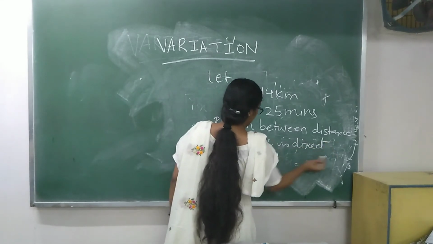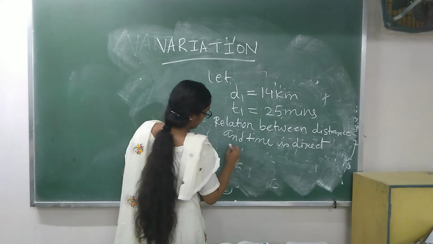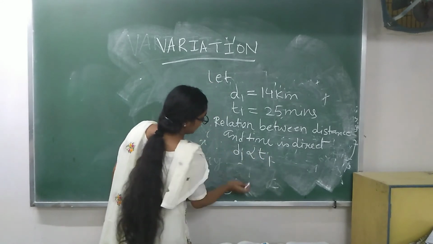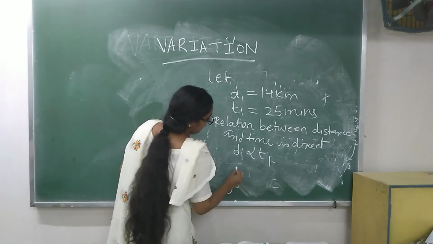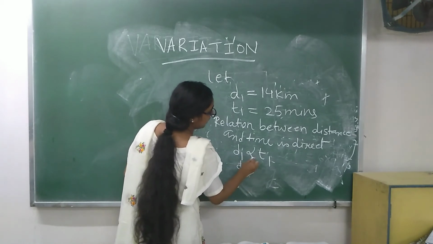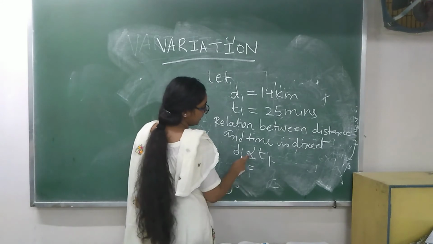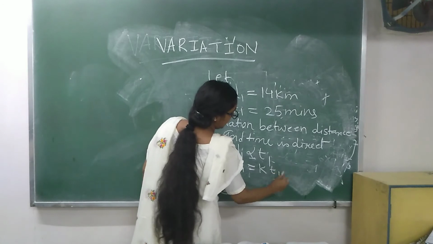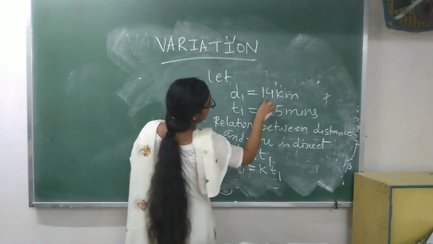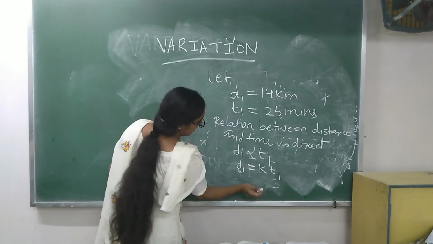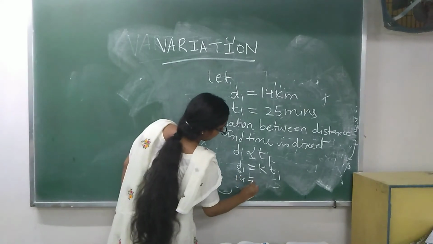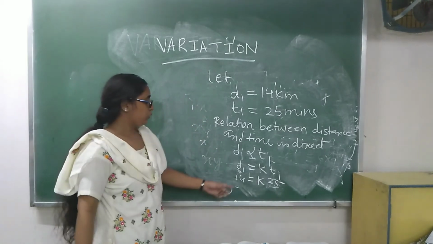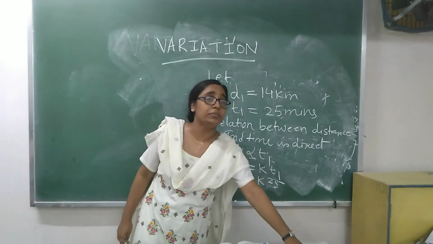So therefore d1 varies with t1. Now, you remove the variation sign, give equals to, and write k, and in place write t1. Now what is the value of d1? 14, and what is the value of t1? 25. So I write 14 here, and in place of t1 I write 25. So 14 equals k by 25.